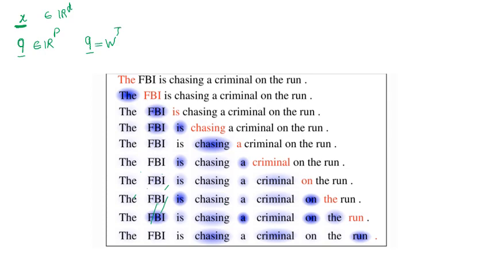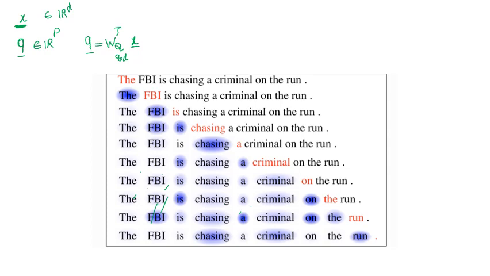So I have a projection matrix W_Q, which multiplies X to make Q. So W_Q transpose is a P by D matrix.